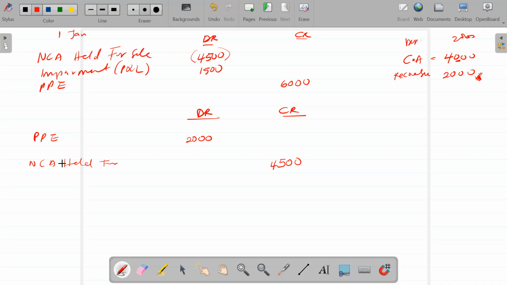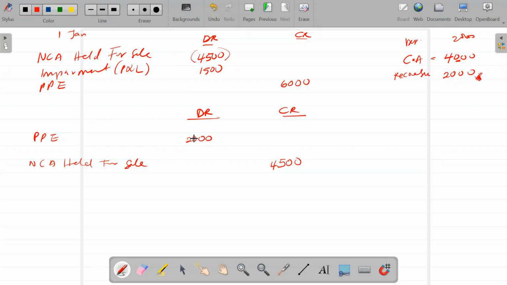Why are we derecognizing it against PPE? Because it was still under current assets. So I was thinking that is where the write-off or the derecognition will happen.